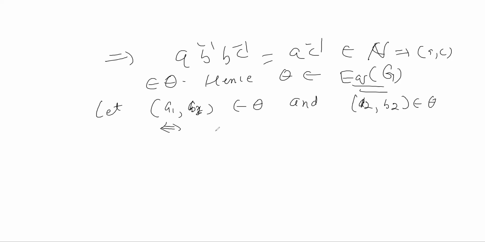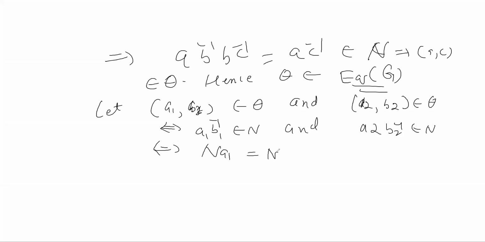If and only if a1 b1 inverse belongs to N and a2 b2 inverse belongs to N. Or you can say that if and only if Na1 is the same as Nb1 and Na2 is the same as Nb2.